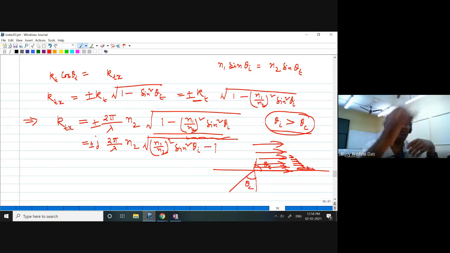If it is extended infinitely, you have to leave at least an infinite material medium, so that you can say it is as if a wave is propagating like a plane wave in that direction. At the same time, the reflected wave is coming like this. So it is not really a feasible solution, exactly theta equal to theta c.